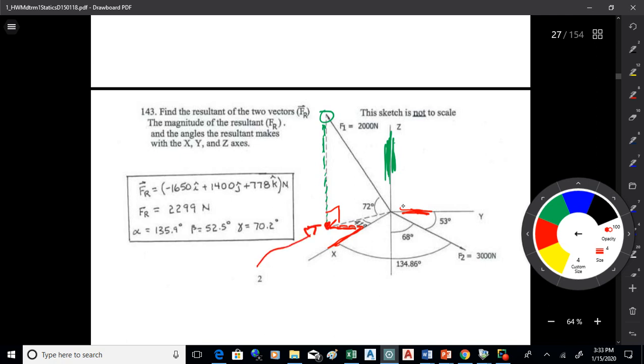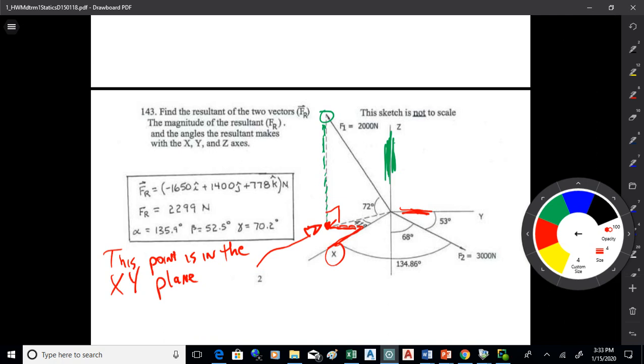So what we can say is that point is in the xy plane, okay? And the way I know that is I'm coming off the x-axis in a line in the y direction. That's why that's in the xy plane.